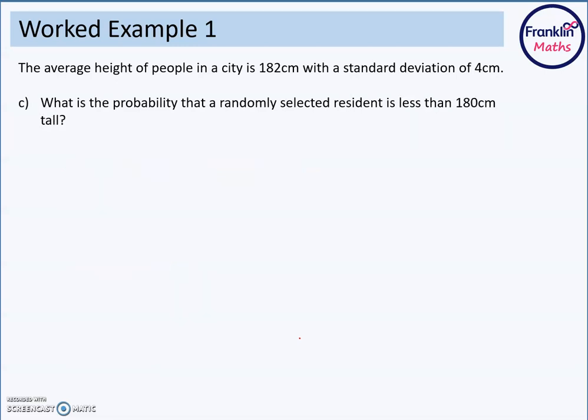So the next one then is this time the probability that x is less than 180. So I'm going to attempt to draw it, just a quick little sketch so you can see what I'm thinking about here. So my curve looks something like this.